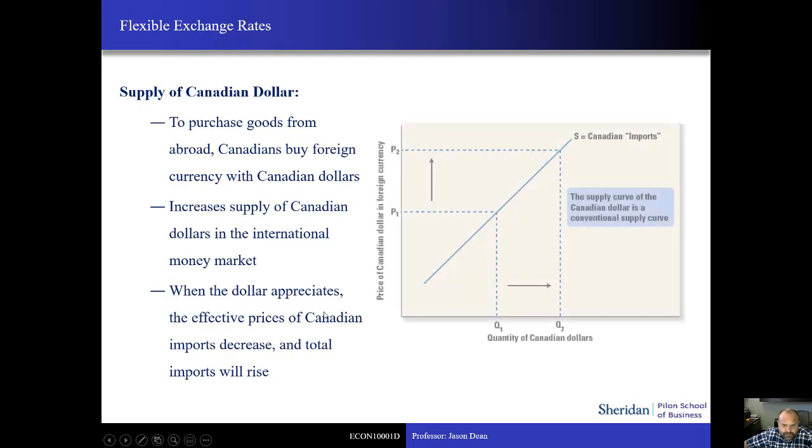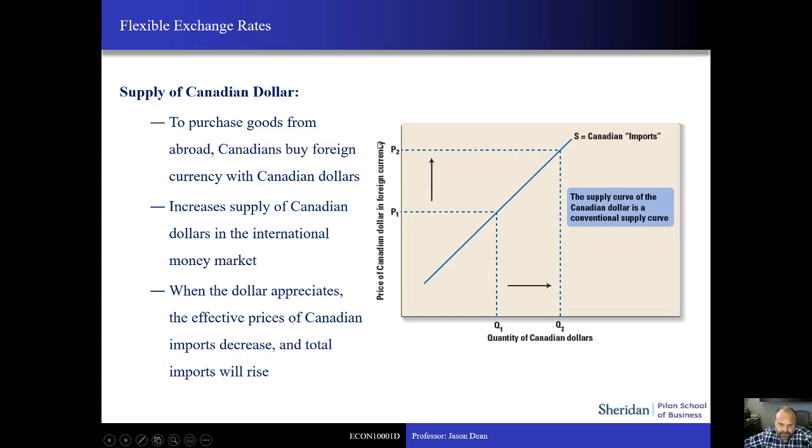So in terms of the supply of the Canadian dollars, it's going to be upward sloping in this space. If we want to think about the reason why it's upward sloping, we can think about, well, what if the price of Canadian dollars in the foreign currency is higher?